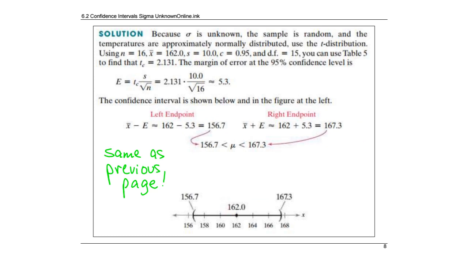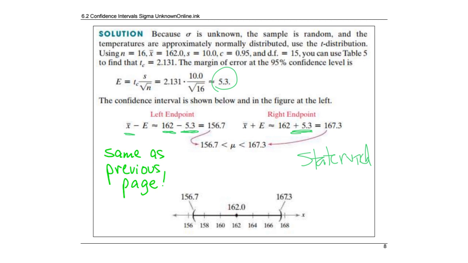This is the same problem if you don't use StatCrunch. If you want to do it by hand, but we want to use StatCrunch, right? We want StatCrunch. It's much easier. What they did was they found the margin of error. They took the sample mean of 162, they subtracted the margin of error, and they added the margin of error, and they get the same numbers as us.